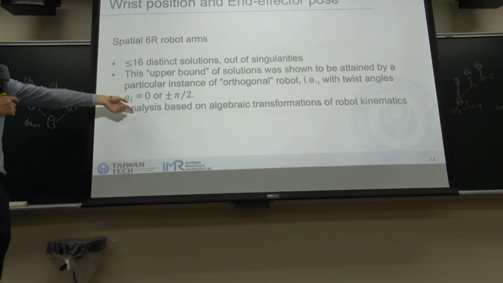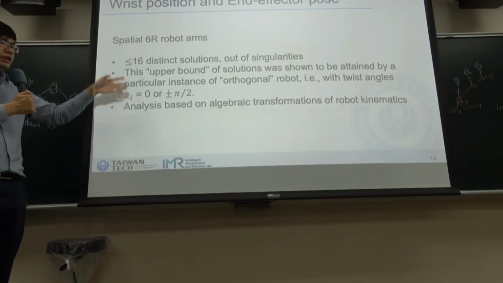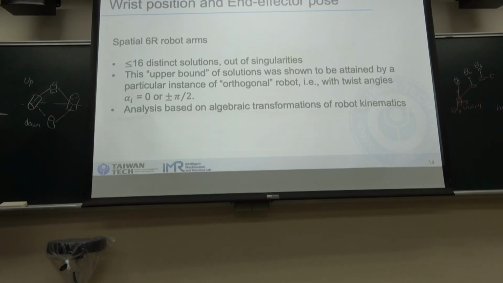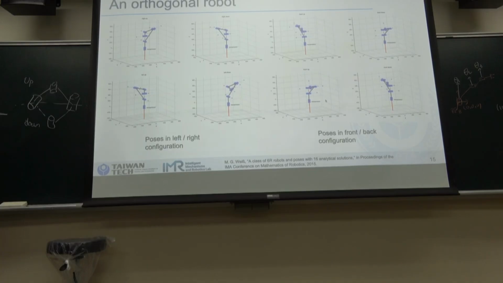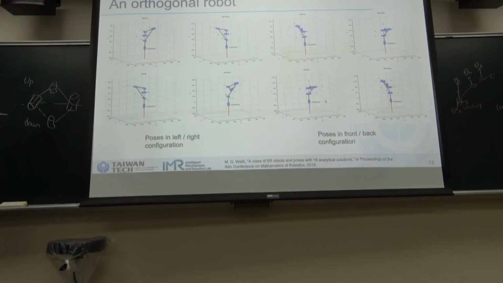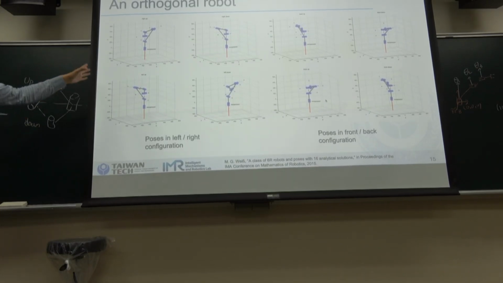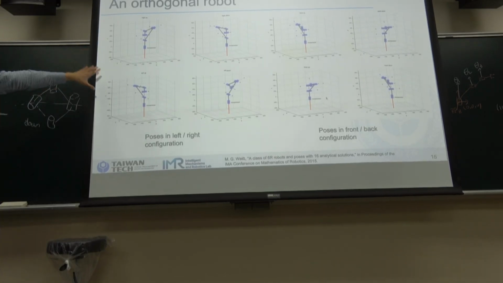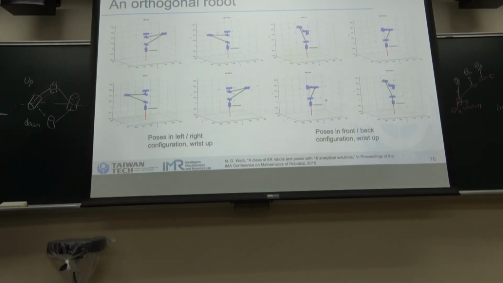Through analysis based on the algebraic transformation of the robot kinematics, we can solve for multiple solutions. This is an example of an orthogonal robot, which means that all the joints are connected at 90 degrees. This kind of robot will have 16 different solutions. On the first page, you can see there are 8 solutions, and on the second page, another 8 solutions.